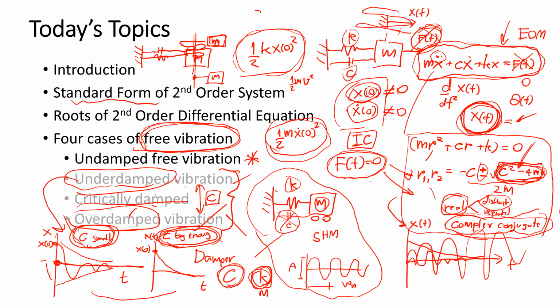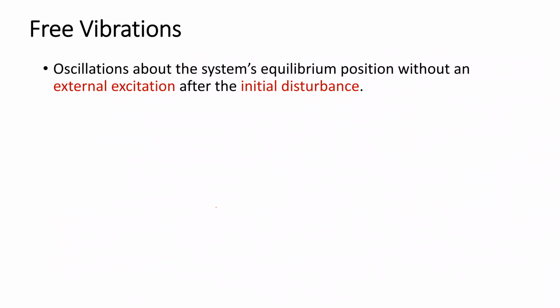But when we have the repeated root, when the inside of the square root becomes 0, only one value of C can make the value inside the square root become 0. So at that point, it is related to the critically damped case. So it's a long introduction, but let's see.